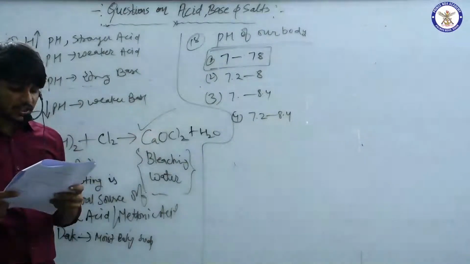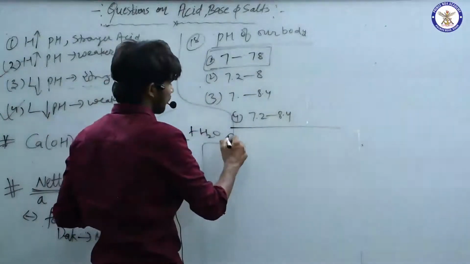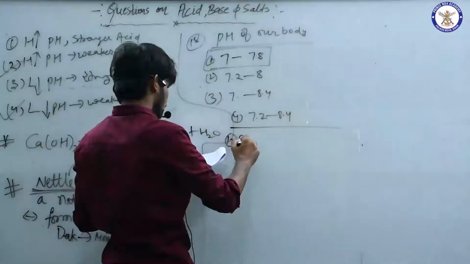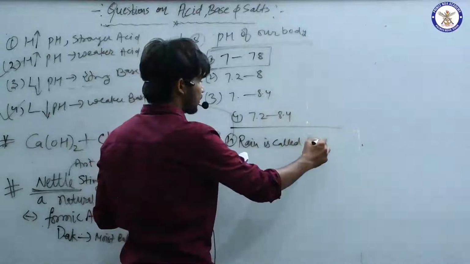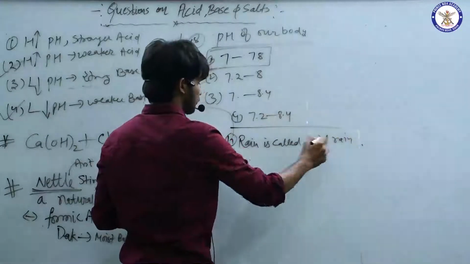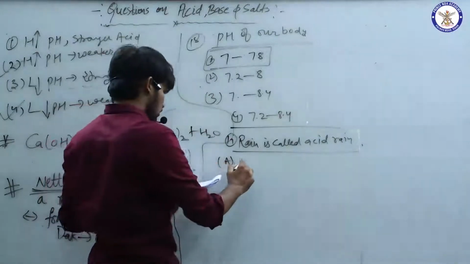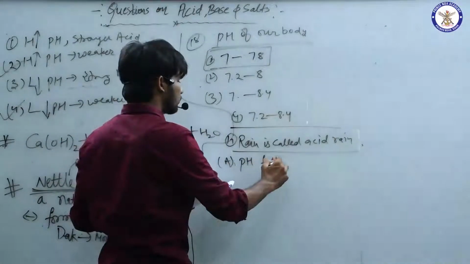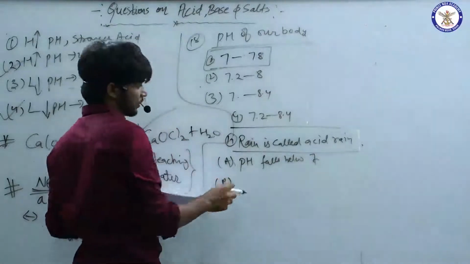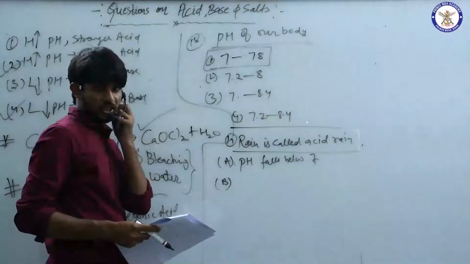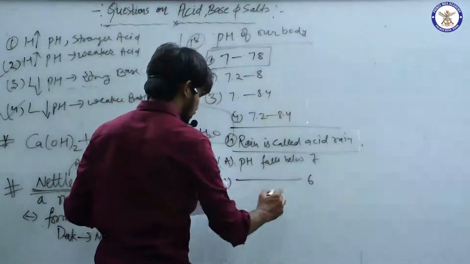Rain is called acid rain when it is... Now the next question is very simple. Rain is called acid rain. First option, pH falls below 7. Yes, it could be right, it can be less than 7, only then it will be acid. B, pH falls below 6.